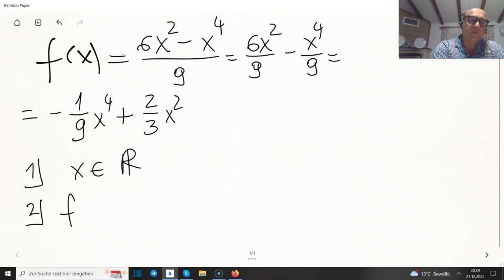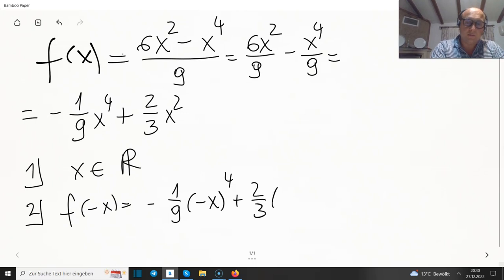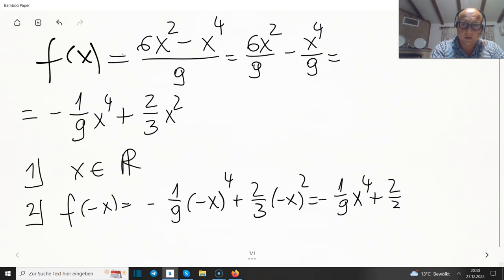Since f of minus x would be equal to minus 1 divided by 9 times minus x to the power of 4 plus 2/3 times minus x squared, which means the fourth power brings it to positive values and the second power brings it to positive values as well.